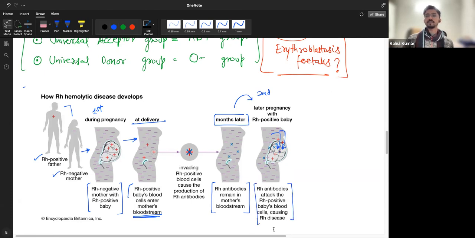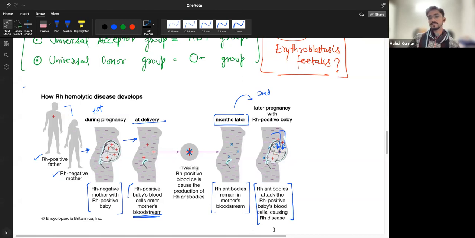It depends on how vigorous this reaction is, and how many antibodies are present in the mother at that time. If it is less, it is not able to kill all the blood but can still make the baby severely anemic at the time of birth, because most of the blood gets destroyed. And if not anemic, then at birth the baby gets jaundice and things like that. So there is some kind of disease.